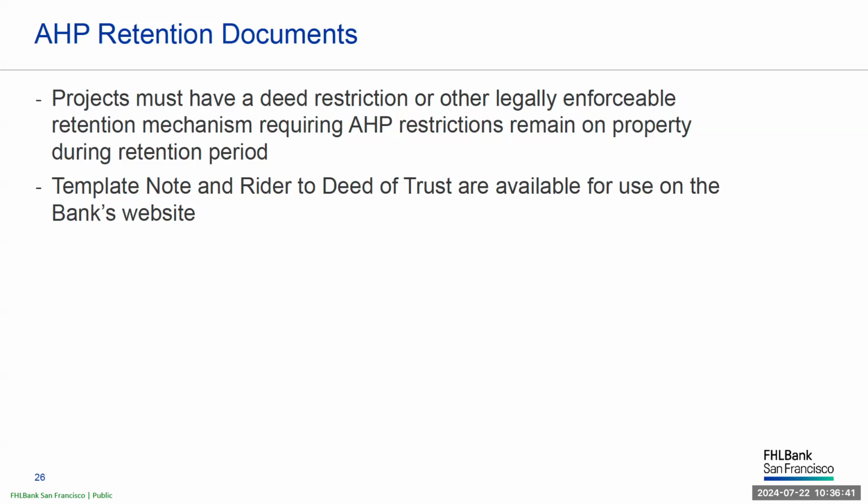When using the templates, make sure to use both the promissory note and the rider to the deed of trust. The member institution may use their own deed of trust. If the member does not use the bank's template, or if the template is altered, an opinion letter from the member's attorney is required.